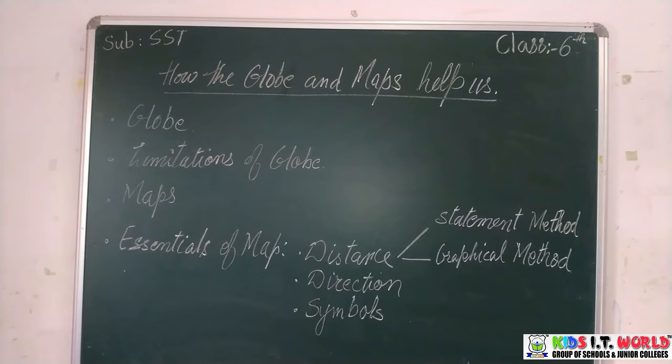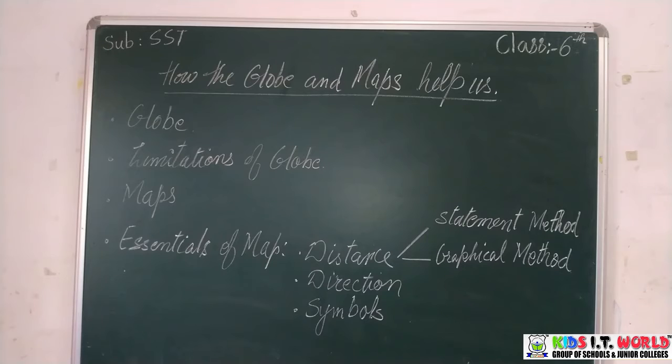If the school is 10 kilometers away, you can show this distance on the map by 1 centimeter. So the scale of the map will be 1 centimeter is equal to 10 kilometers. It's a statement that we have written.